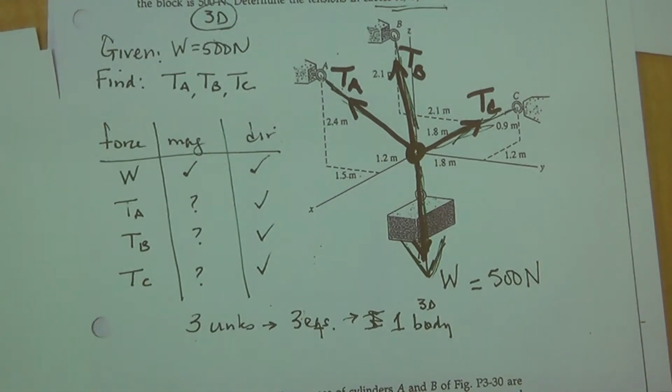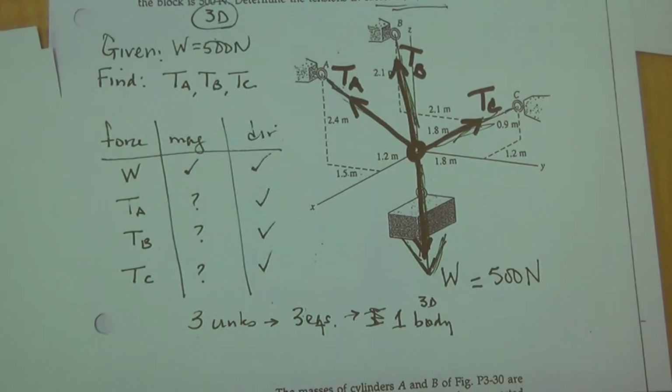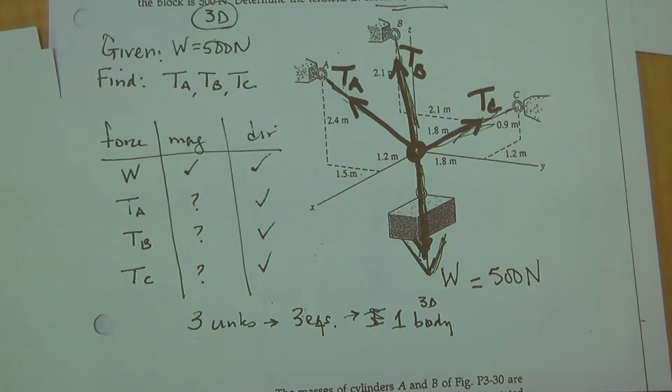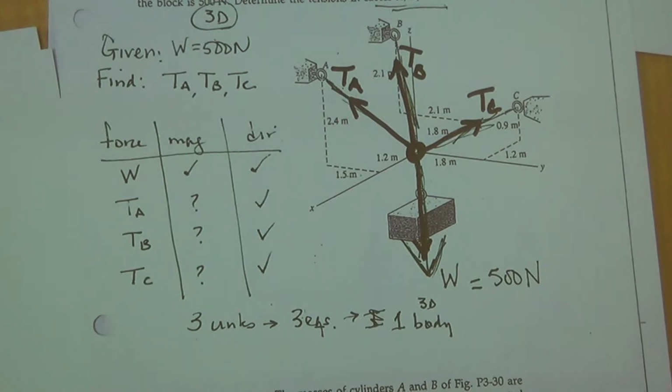So let's draw one. So first, 3D problem. Somebody asked about axes. Look at the axes. Here's my x-axis. Here's my y. And then here's my z. The axes are not always pointing in the same direction. Is everybody with me?